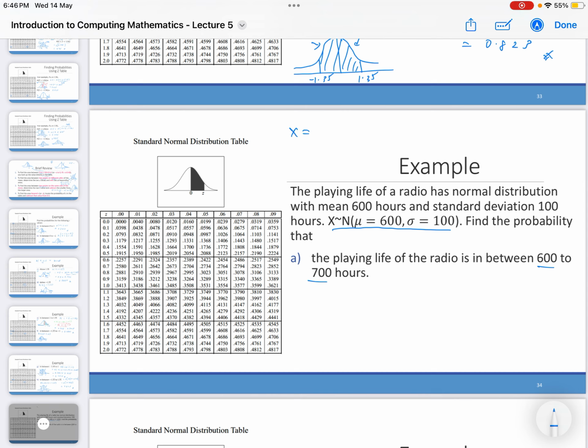X is the playing life of the radio. So we want to find the probability that X is between 600 and 700.